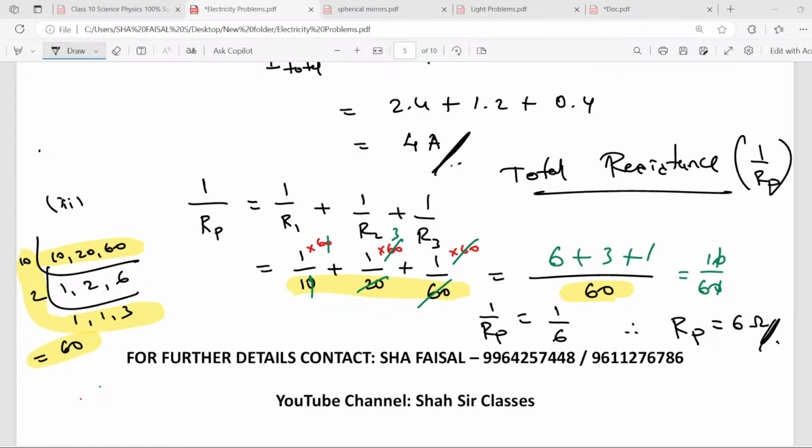So I'm just continuing with this same part where we left off earlier. We are continuing this session as we need to solve the problems of electricity and also the chapter light.